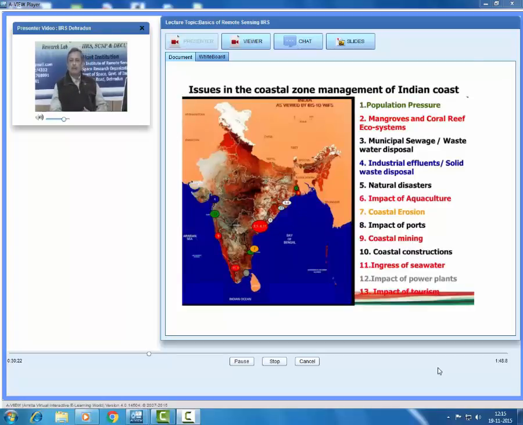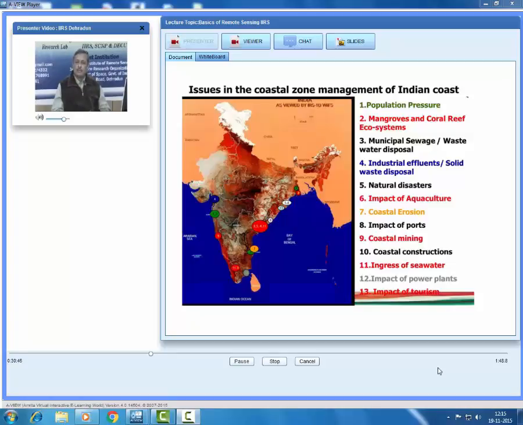And when coastal zone management is concerned in the Indian coast, there are several issues. You can see issues 1 to 13 that I have written here, and certain numbers are given on the Indian map, particularly in the coastal area. Those numbers represent which issue is more dominating in that particular part.